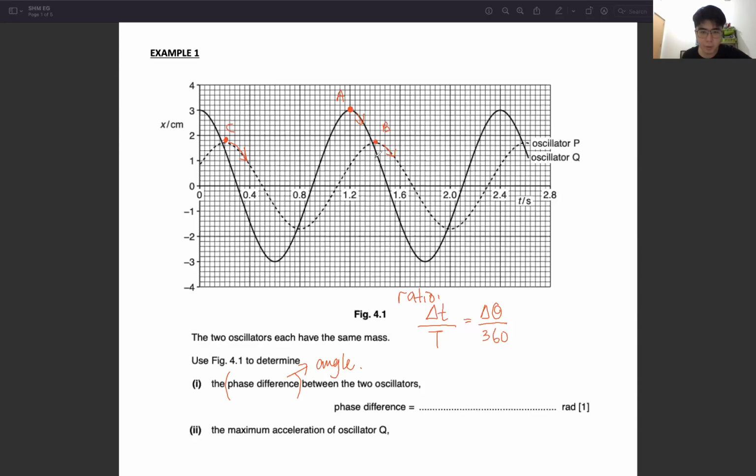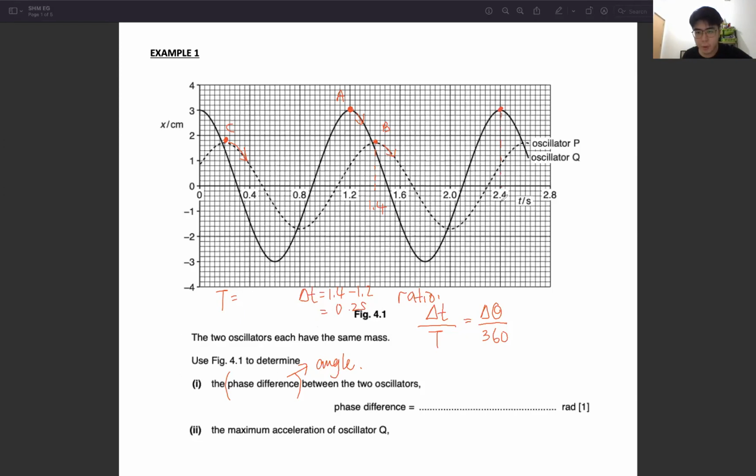So for these 2 points, we find this change in time. That means this is 1 point. What is this? 1.4 minus 1.2. Change in time, 1.4 minus 1.2 equals 0.2 seconds. And we want to find the period. The period is the same between the 2 waves. T equals, from here, we look till here.